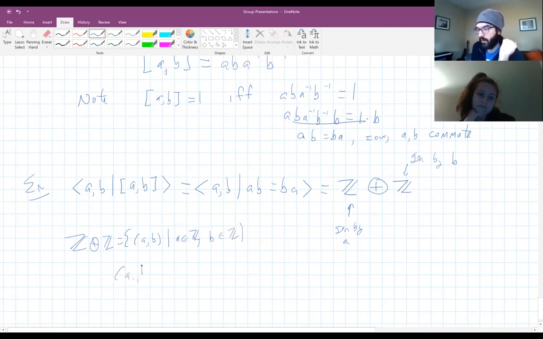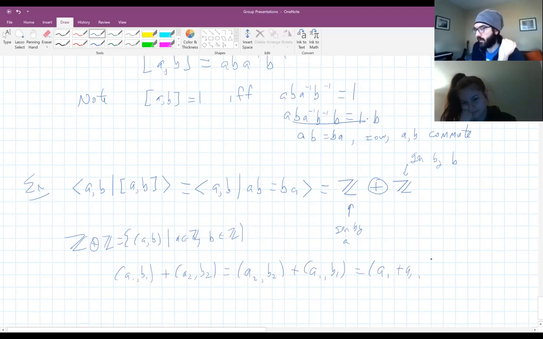So (a1, b1) plus (a2, b2) is equal to (a2, b2) plus (a1, b1), which are both equal to (a1 plus a2, b1 plus b2). That's what that group is.